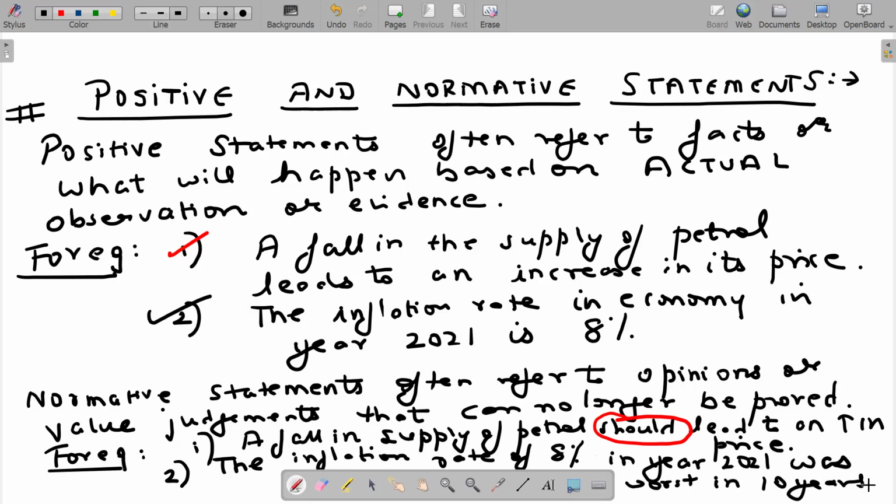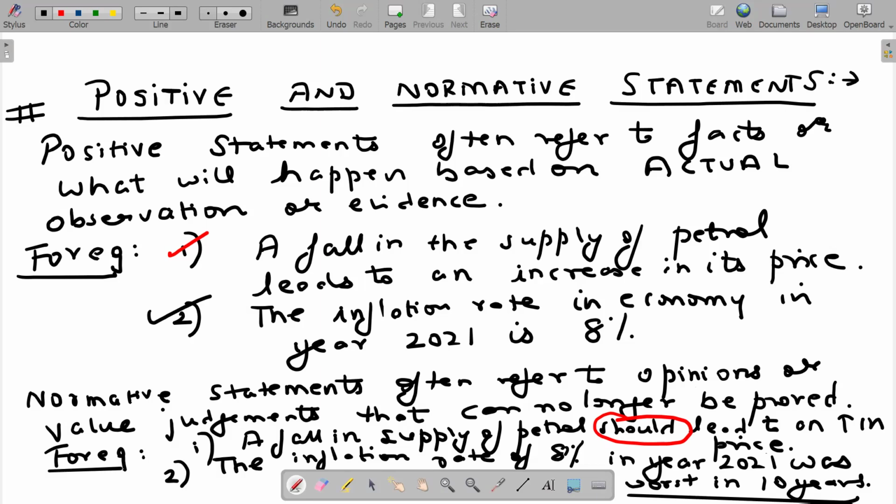That means in the past 10 years, this inflation rate has been the worst, couldn't have been much higher. The inflation rate of 8% in the year 2021 was the worst in 10 years. This is again, I'm giving a judgment. I'm giving an opinion that it was worst.